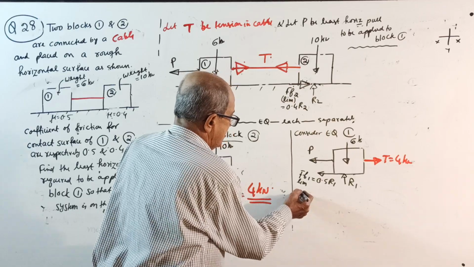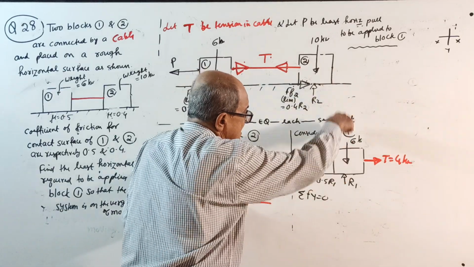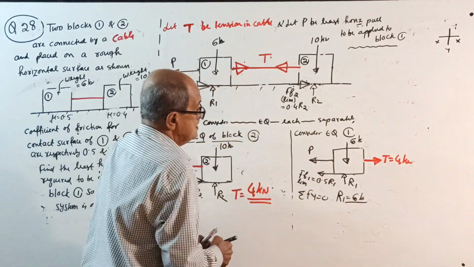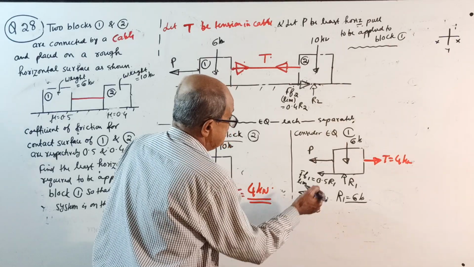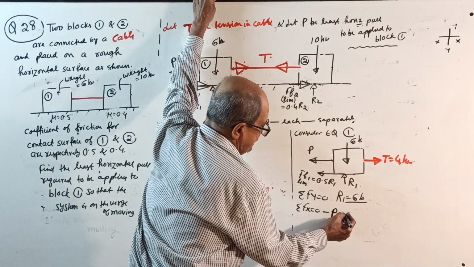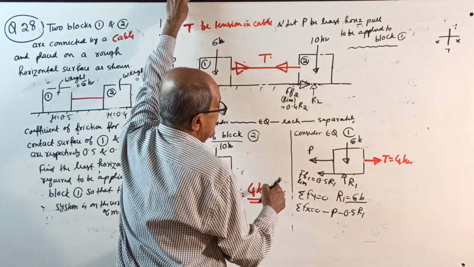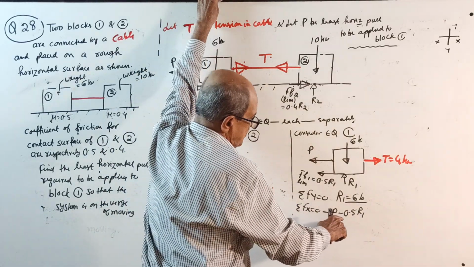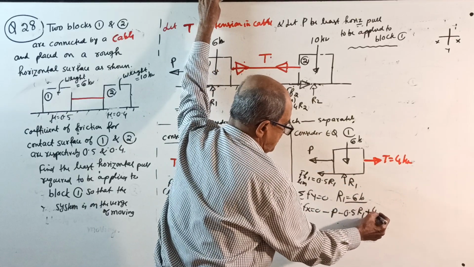Okay, start. ΣFy = 0: plus R1 minus 6 equal to 0, your R1 will come 6 kilonewton. ΣFx = 0, right side positive: minus P minus 0.5 R1 plus 4 equal to 0.